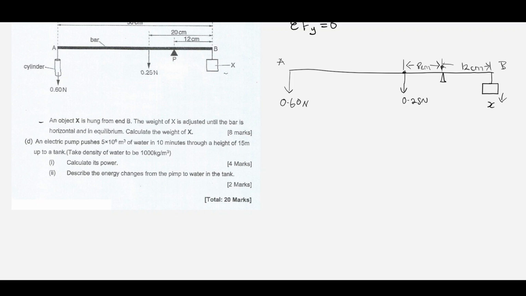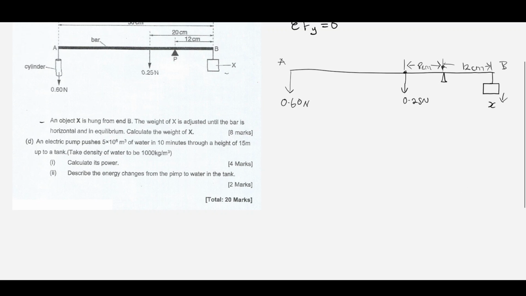And from point B to point A, the length or span of the beam is 50, meaning we will remain with 30 centimeters, which is this one here. So point P, let's write point P here.